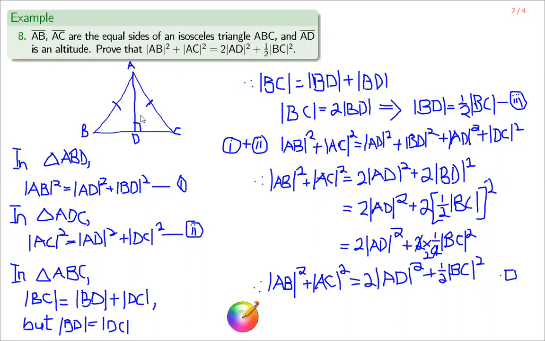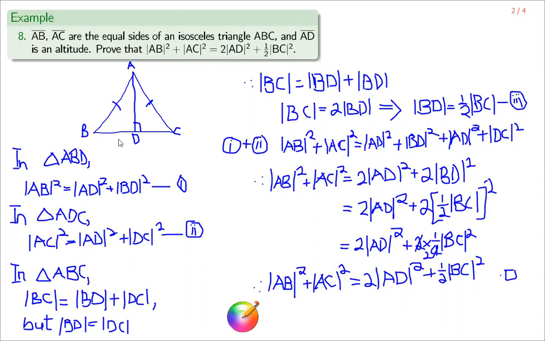Also, in triangle ADC, AC squared, which is the hypotenuse, is equal to AD squared plus DC squared. Also the application of Pythagoras Theorem. Now in triangle ABC, the biggest triangle in the figure, BC is equal to BD plus DC. Of course, the altitude of an isosceles triangle will bisect line BC, and will be the perpendicular bisector of line BC.